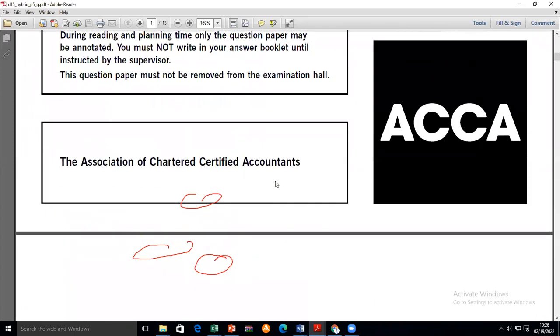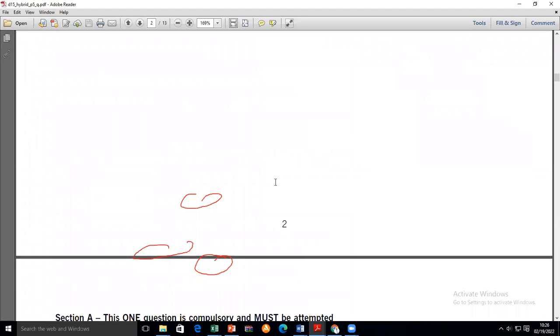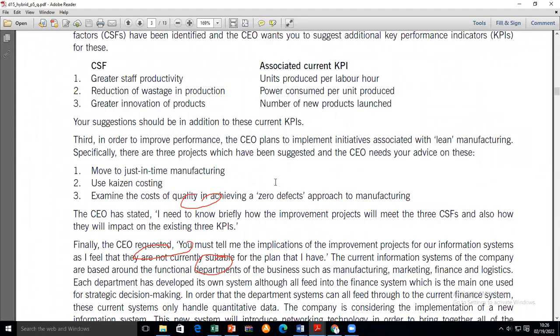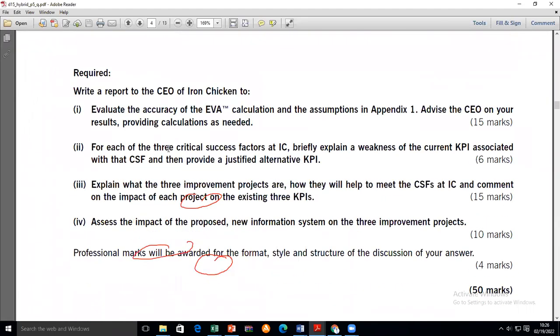The knowledge of the link is very important. 2015, there's a question here. For each of the 3 critical success factors, briefly explain a weakness of the current KPI associated with that critical success factor, and then provide a justified alternative KPI.